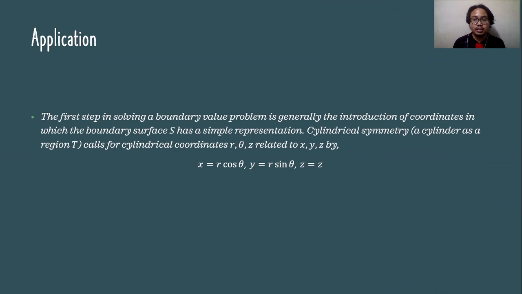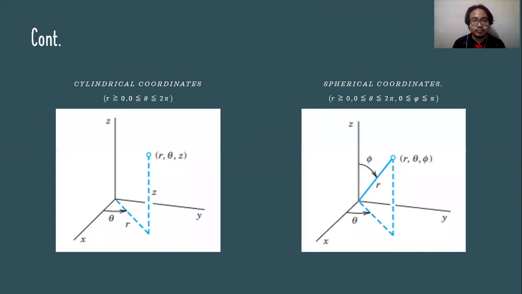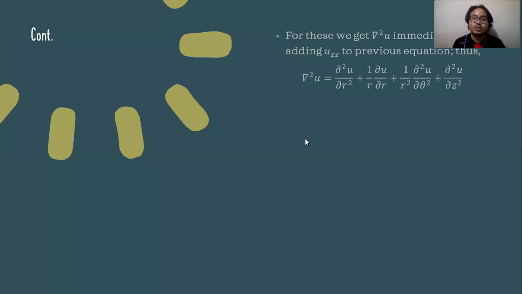For cylindrical symmetry, a cylinder is the region T, with cylindrical coordinates r, theta, z related to x, y, z by x equals r cos theta, y equals r sin theta, z equals z. These are two coordinate systems: the first is cylindrical and the second is spherical. For this, we get nabla squared u immediately by adding u_zz to the previous equation. Thus, we get this equation.